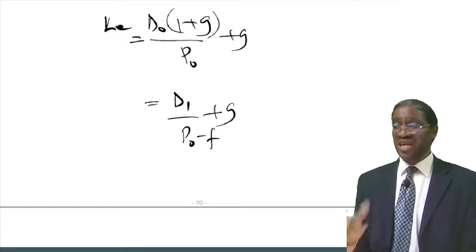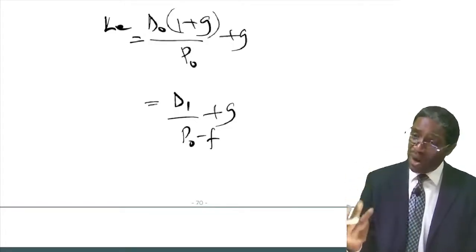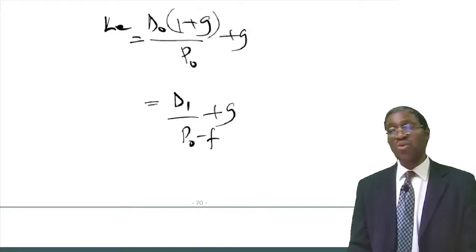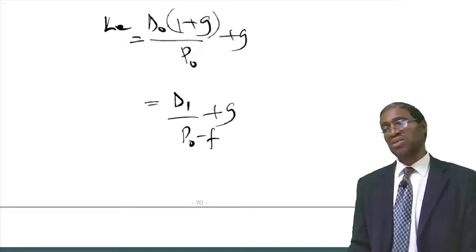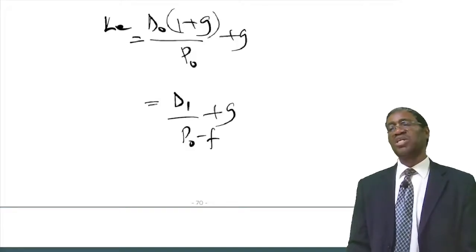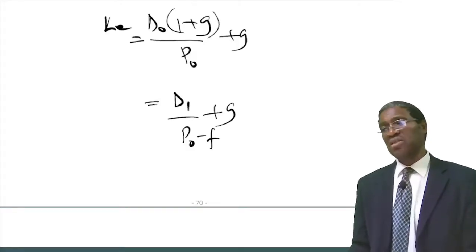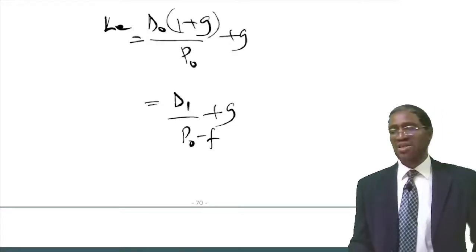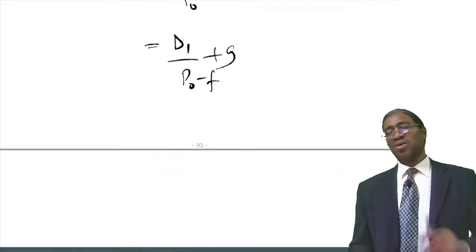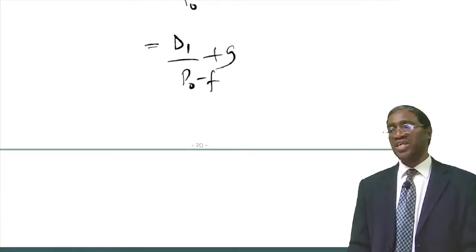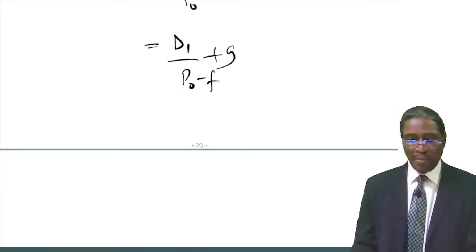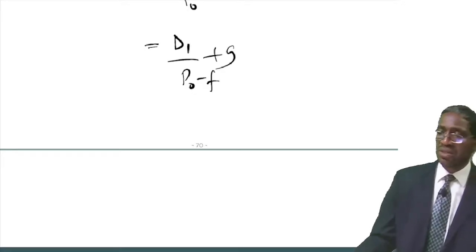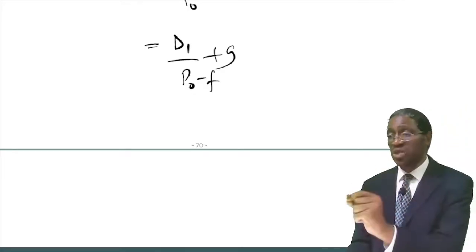We have said there are two formulas. One is the compounding method. We have already said g equals the nth root of Dn divided by D0, minus 1. Okay? That is the formula for getting the growth rate. Alternatively, you take the retention ratio times the return on equity. Good.